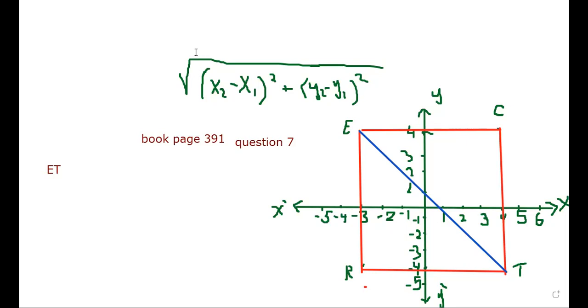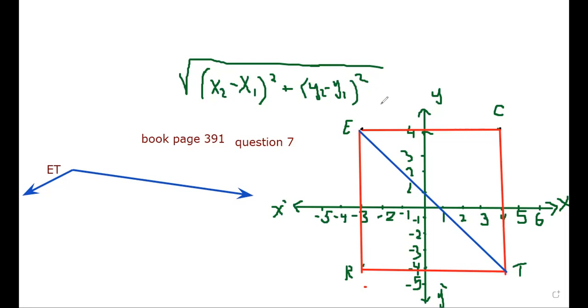Okay, the first way is counting the lines of the square, for vertical and horizontal points, right? Yes. Could you please tell me how many units you have? We want to count from the point E to the point C. We have 2 different triangles we can use to find ET.